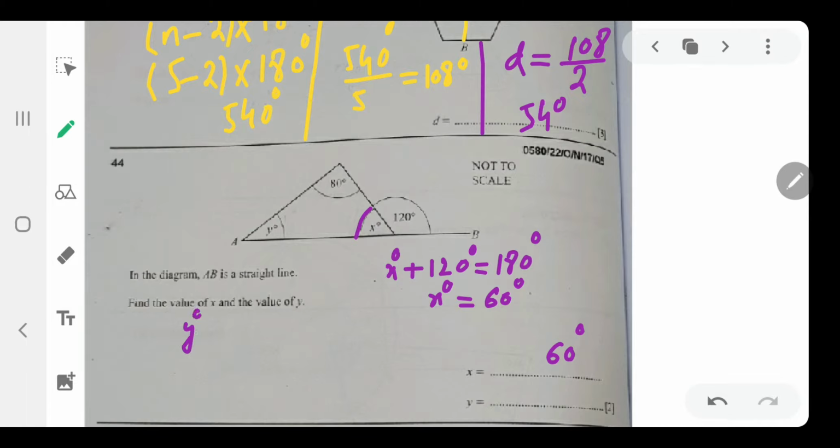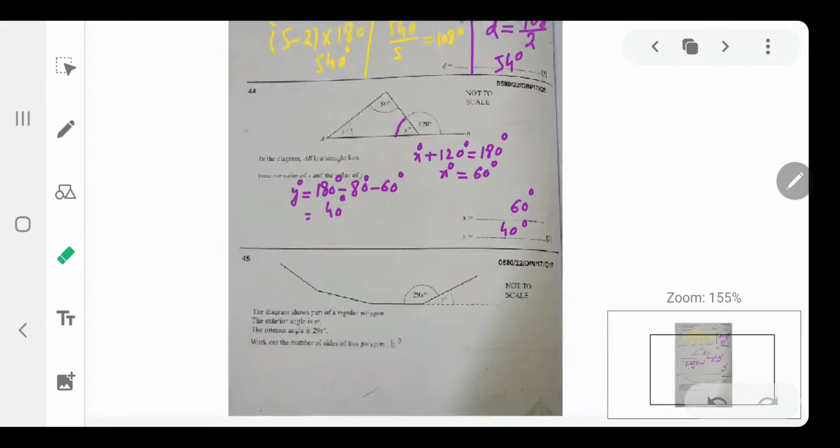The value of y becomes 180 minus 80 minus 60, which is 40 degrees. So the value of y is 40 degrees.